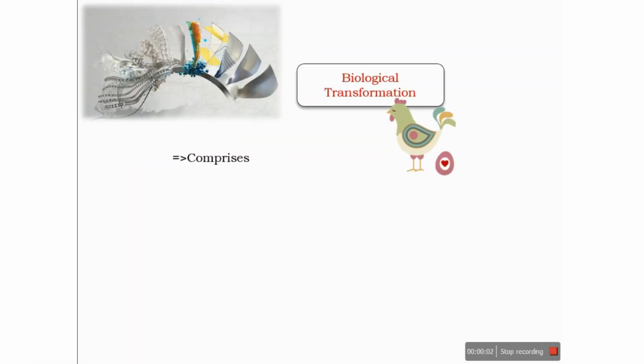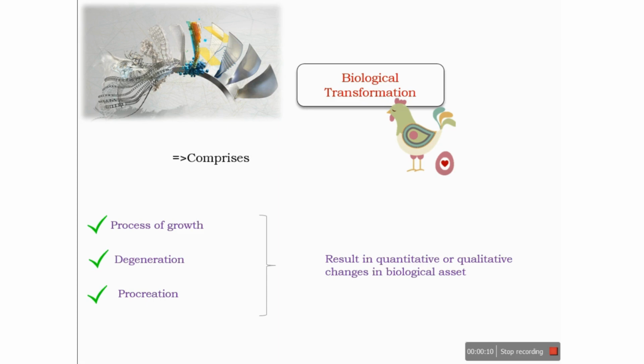Biological transformation comprises the process of growth, degeneration and procreation that results in quantitative or qualitative changes in biological assets. Hence, biological assets used for plowing and carting will not be covered under biological transformation because the purpose of those assets is not to increase the quantitative or qualitative changes in biological assets.